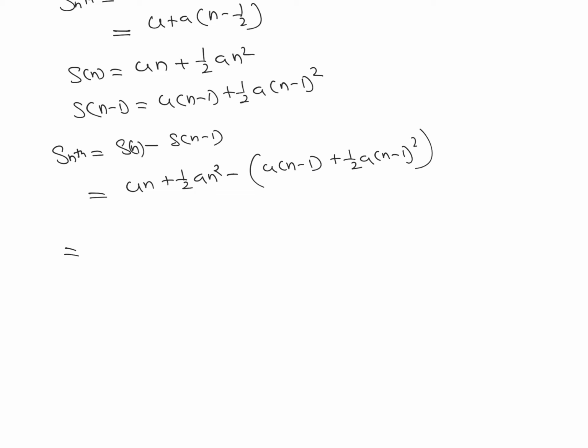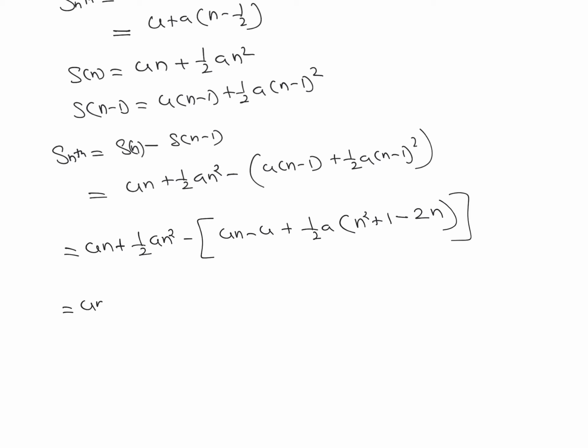If you expand this, we'll get as it is un + (1/2)an², minus, this is un - u, plus (1/2) into a into, this we can expand in the form of (a - b) the whole square, that is a² + b² - 2ab.